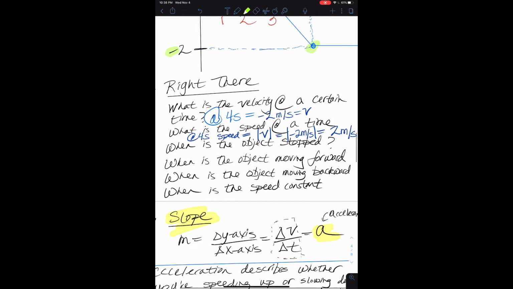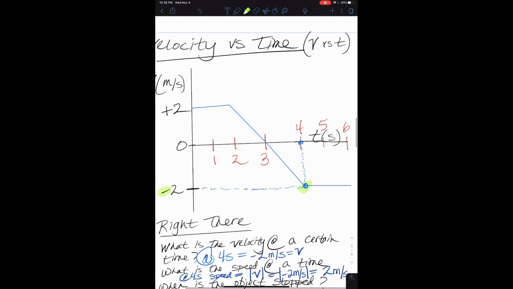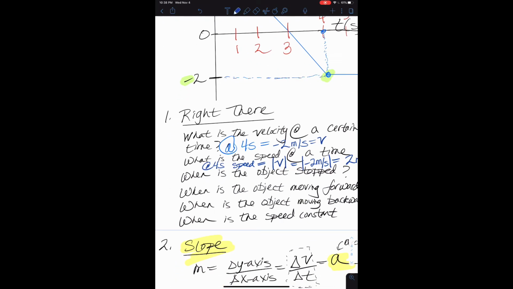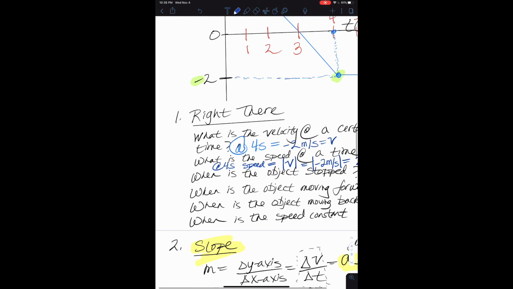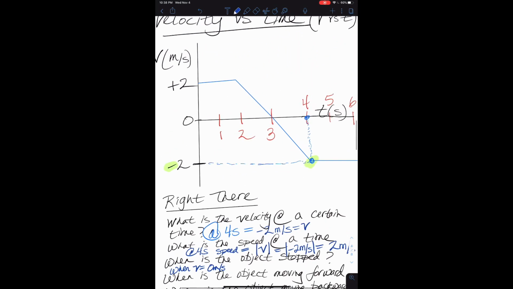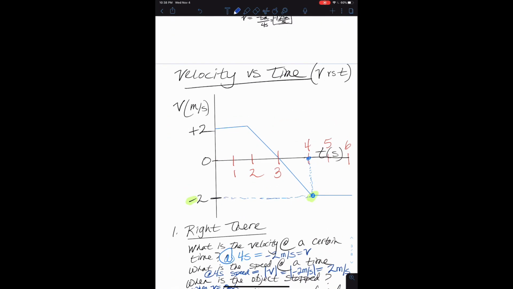Okay, next question. When is the object stopped? The object is stopped anytime the velocity is 0. Let me write that down. So when v is equal to 0. And it could be more than one time when velocity is 0. But if we look at the graph we made, the velocity is 0 when? Well, right here.